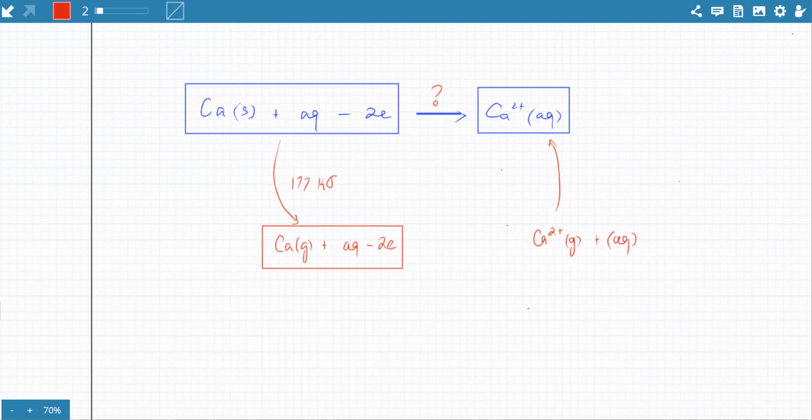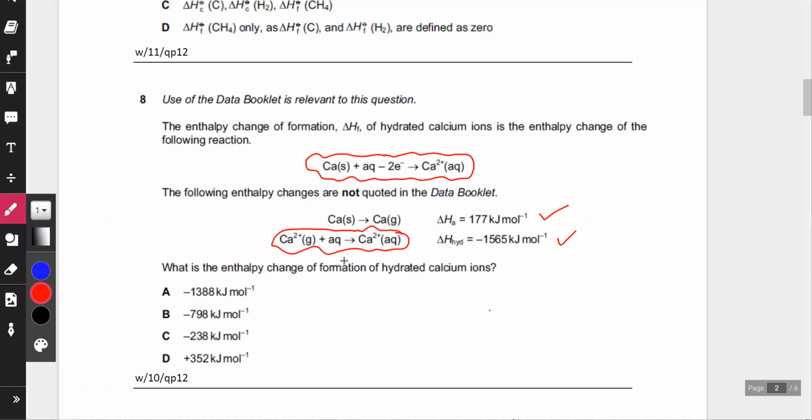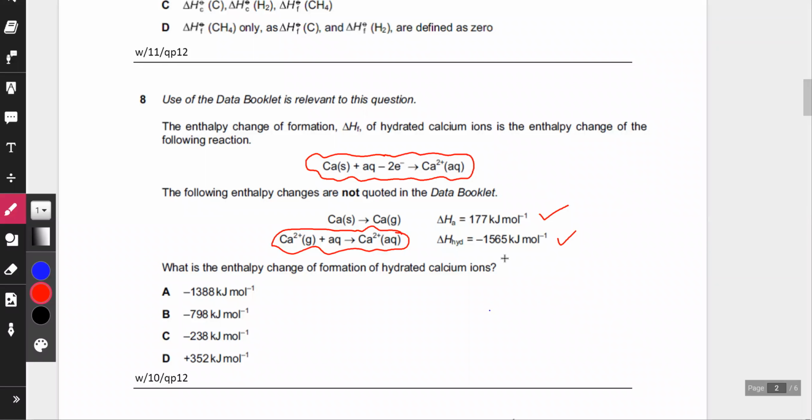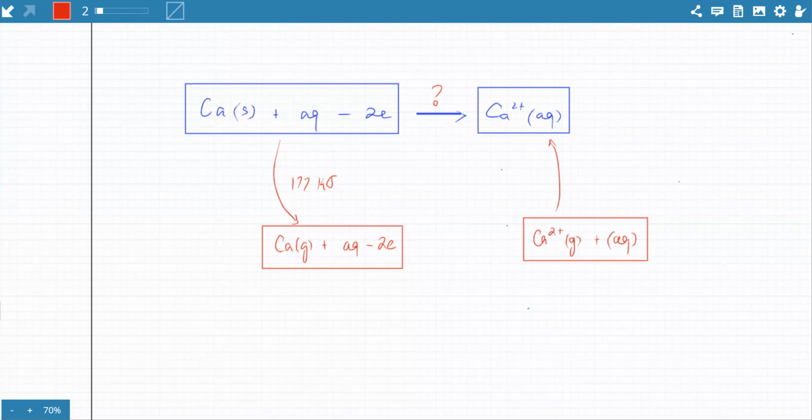The enthalpy change for this particular path was also given, as minus 1565. So this value was also known.